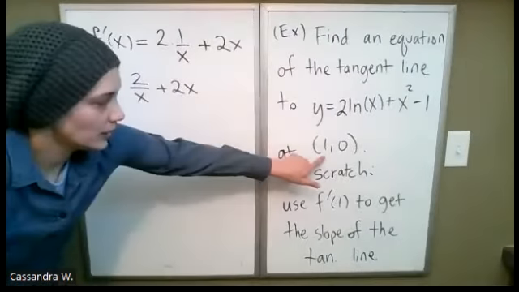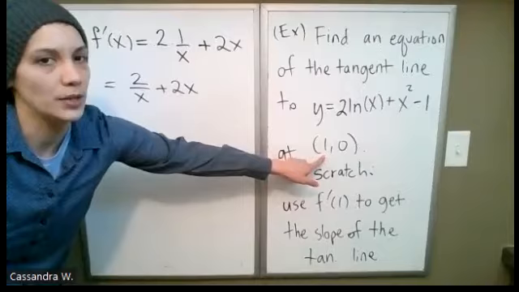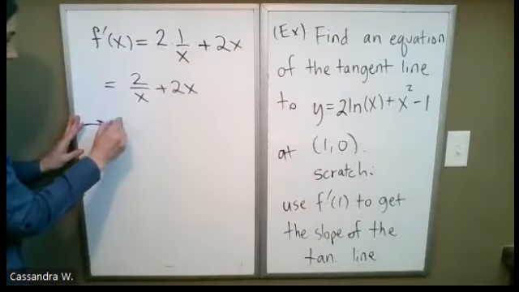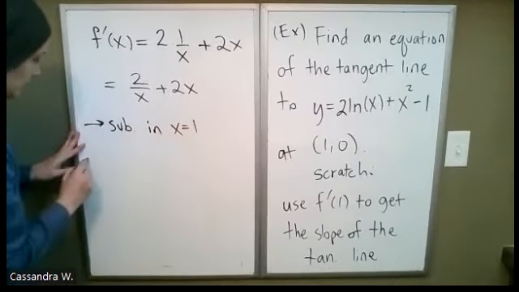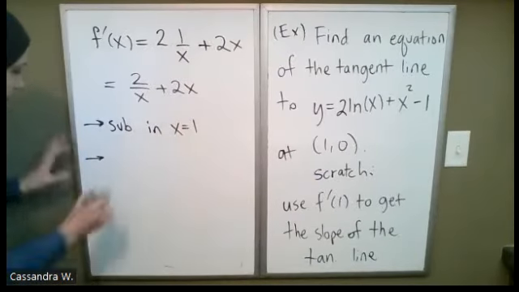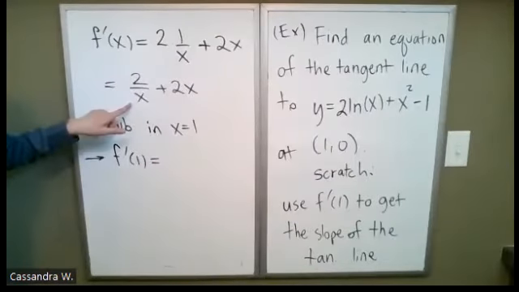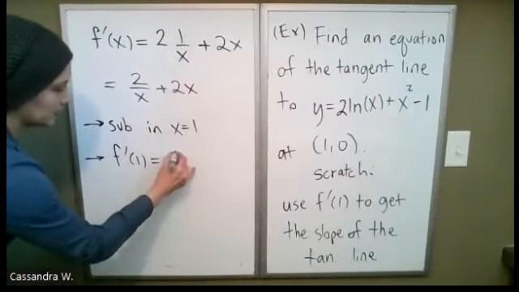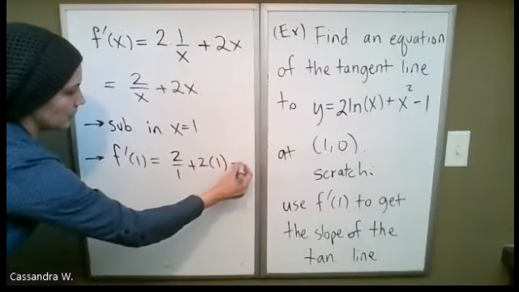Here's our point. Your x value is 1, so sub in x equal to 1. Find f prime of 1: 2 over 1 plus 2 times 1. 2 plus 2, which is 4.